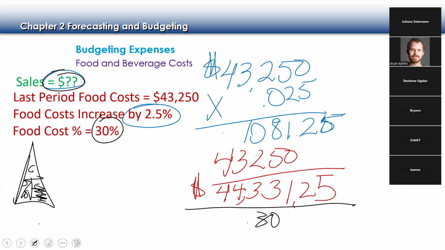If our food cost is 44,000 and we're aiming for a 30% food cost, we get $147,770.83. That's how we get what our new sales goal is, our new sales budget is.